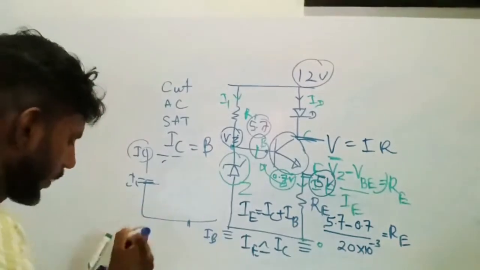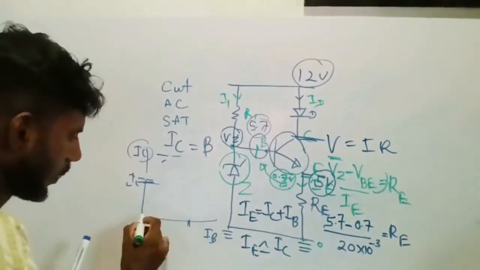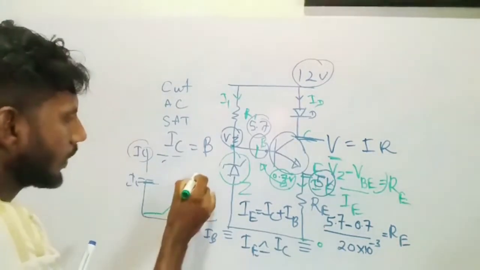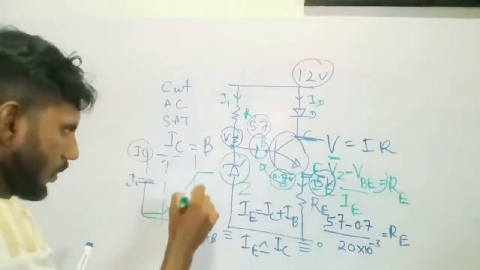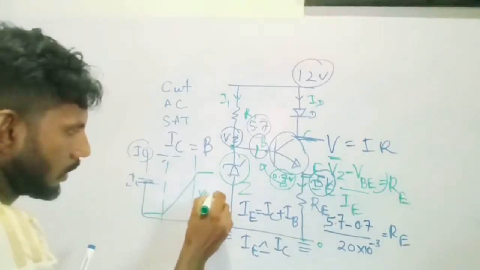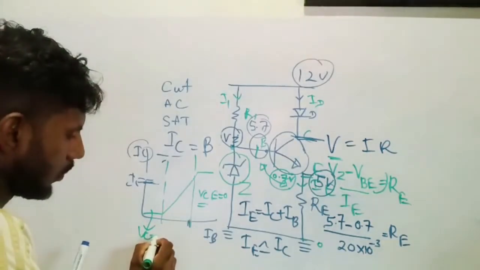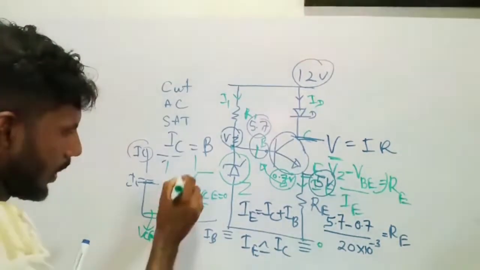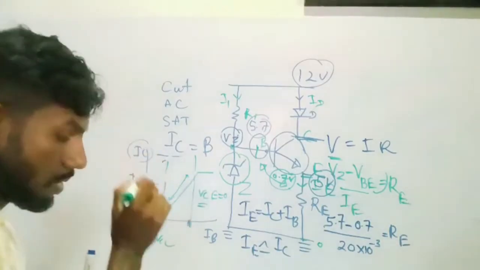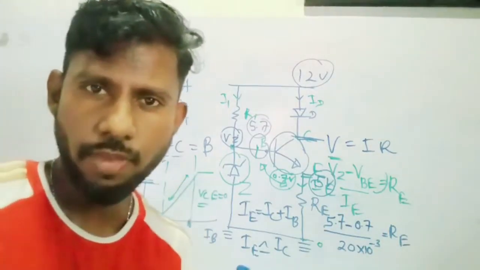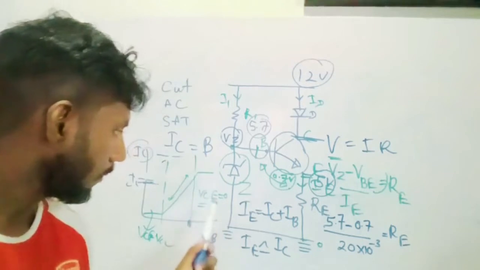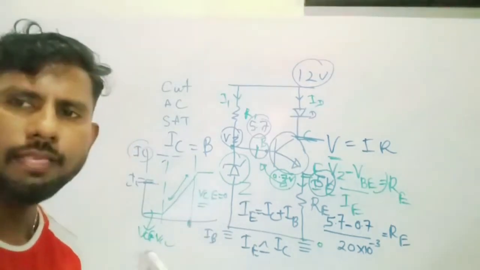It varies like this, goes like this. This is the saturated region, VCE equals 0. In the cutoff region, VCE equals VCC. In the active region, the VCE value is in between 0 and the supply.